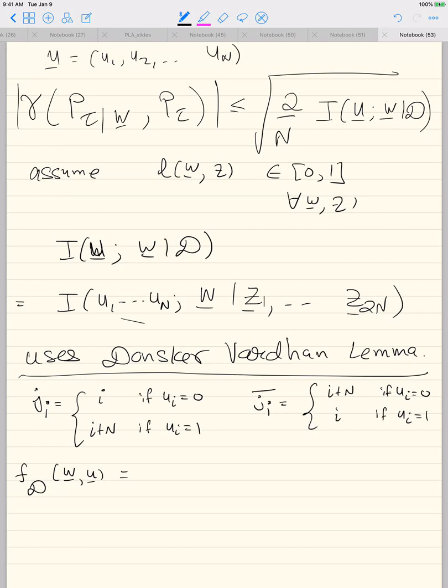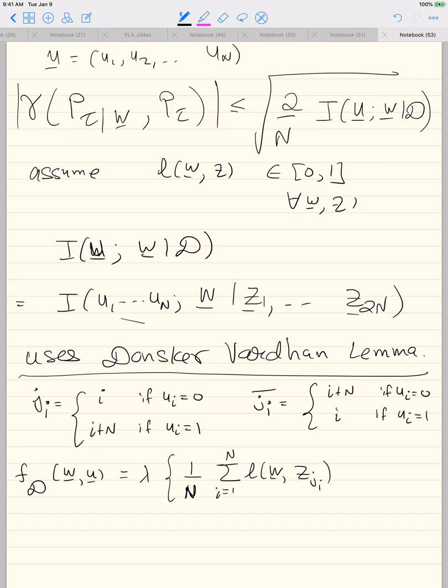I will take it as lambda times, lambda is the same sort of parameter we had in the previous derivations for Russo and Zou, the sum over i going from 1 to n of the loss function of w and z_{J_i}.